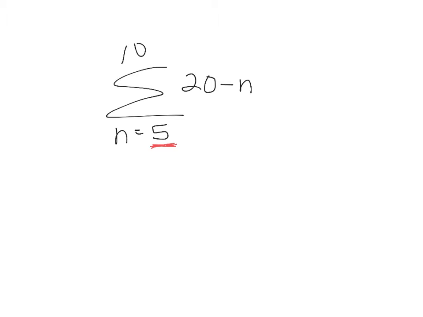So let's see if I can do this a little color-coded here. 20 minus, and we're going to put the 5 in here. Then we're going to add. So that's where the add comes into play, what the sigma is doing. And we're going to do 20 minus, now, what's 1 more than 5? 6.